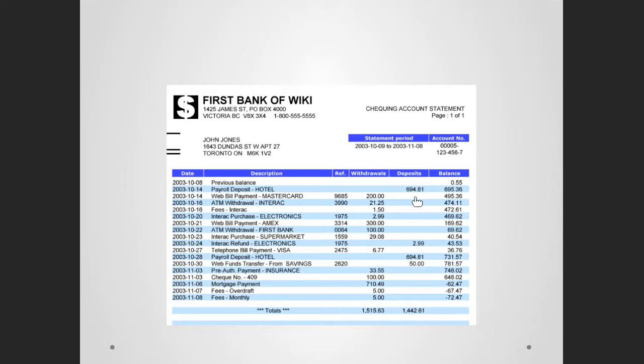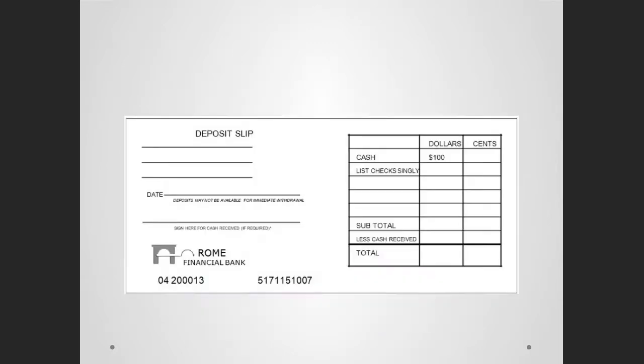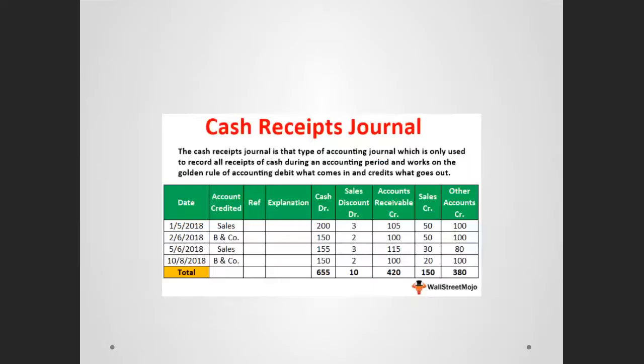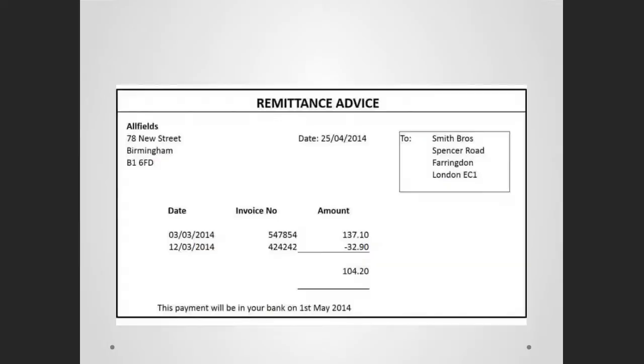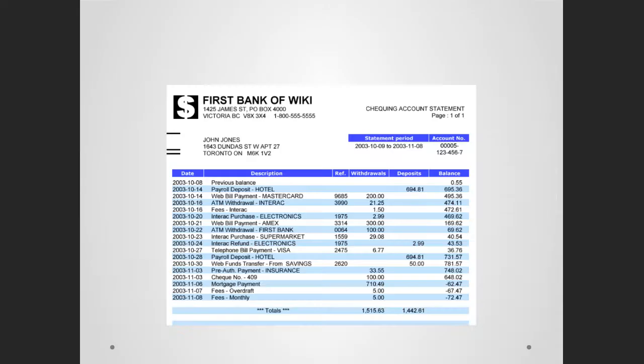So you have multiple proofs of cash receipts. Did it happen? Yes, because you have a remittance advice, you have a deposit slip, and you have a bank statement.